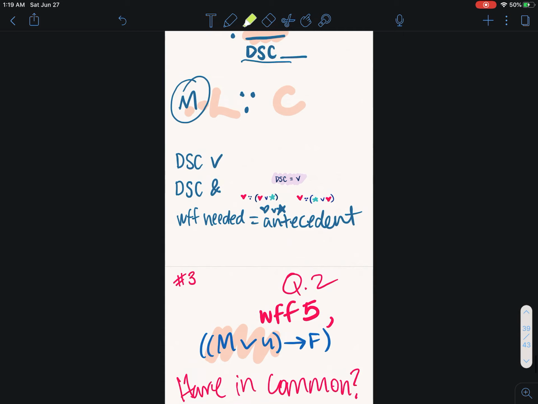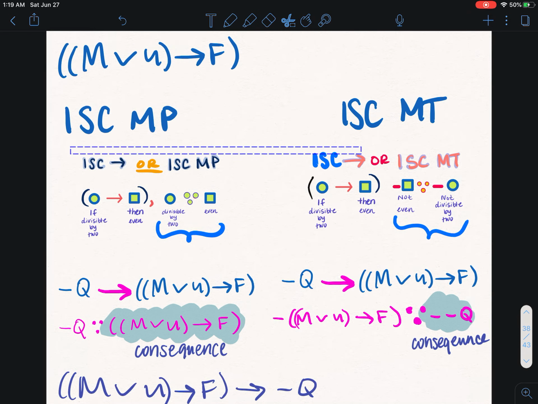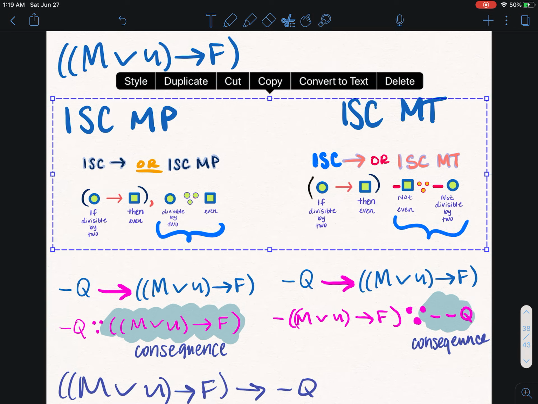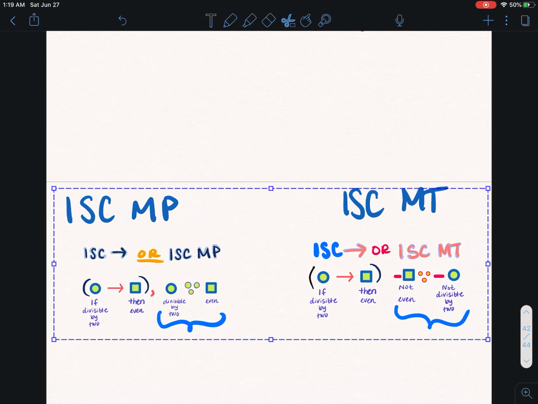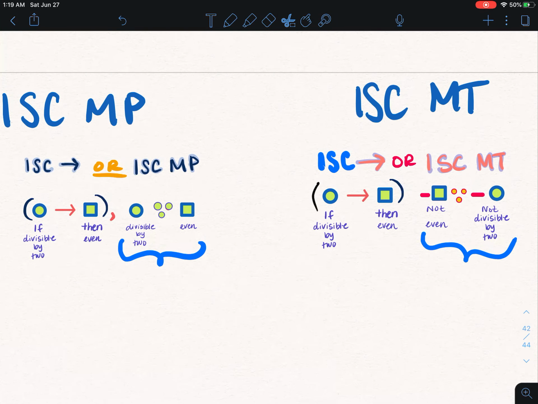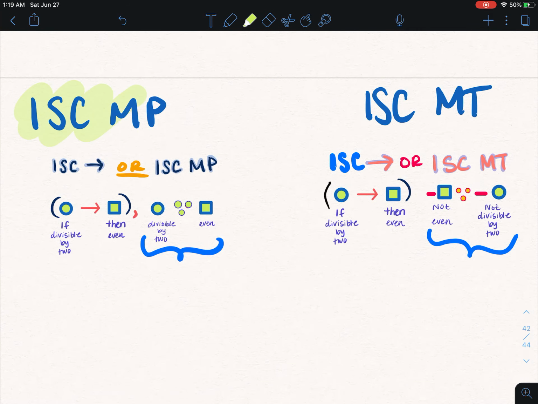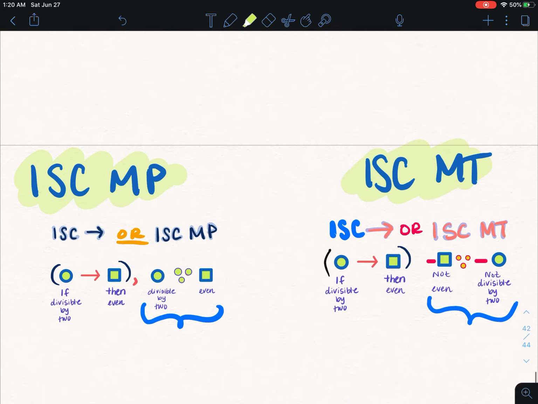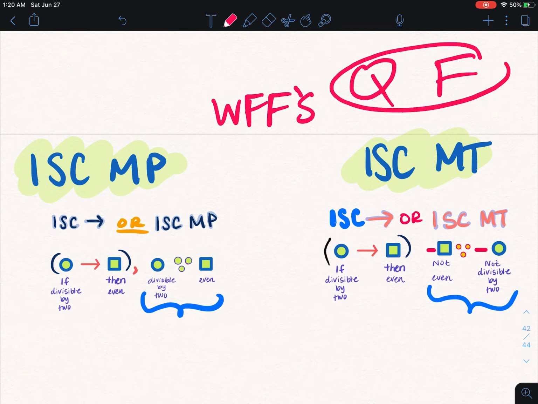So let's go refresh on those here. Let's look at these of the wolves that have these letters.